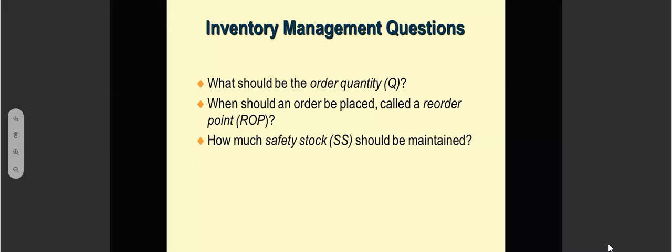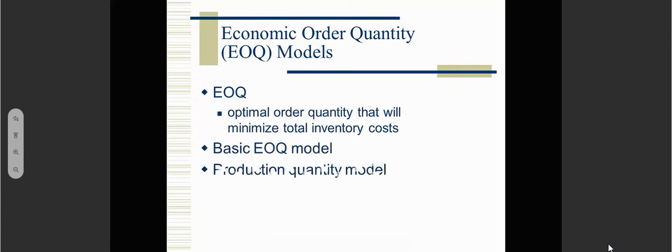But the topic of safety stock will be discussed in another chapter of inventory management, under the probabilistic approach or technique. Of course, Economic Order Quantity is to find the optimal order quantity that will minimize the overall total inventory cost.